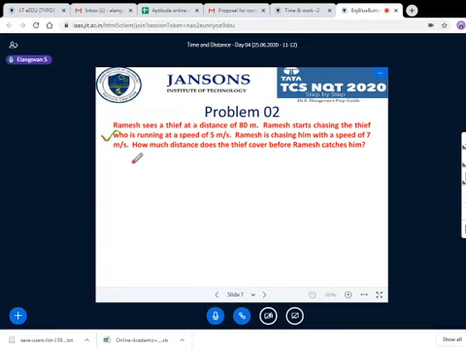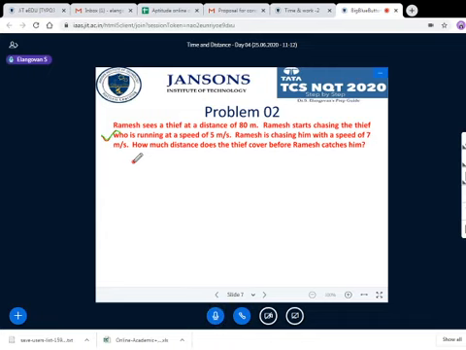Ramesh is running at 7 meters per second. Now, how much distance does the thief cover before Ramesh catches him?